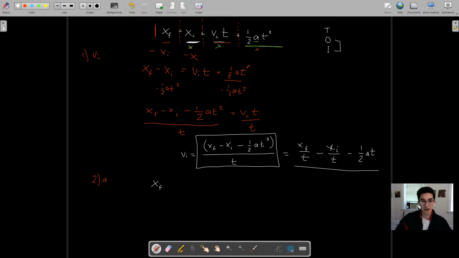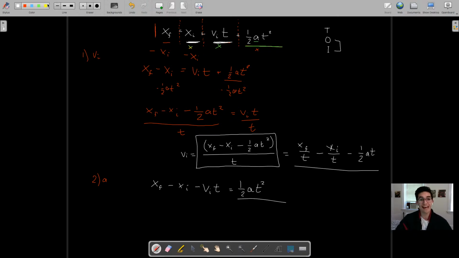And we're going to now subtract this term from both sides of the equation. So we're going to get x final minus x initial minus v initial t is equal to 1/2 at squared. Okay? So now we have 1/2 at squared as the only term on this side of the equation.